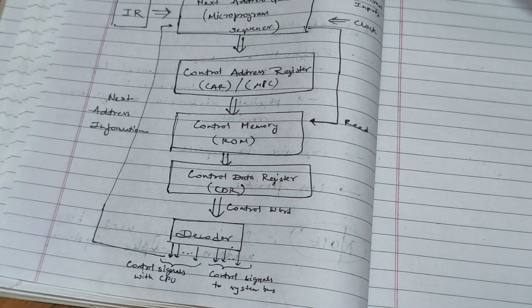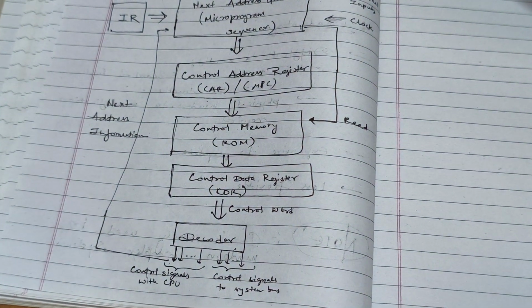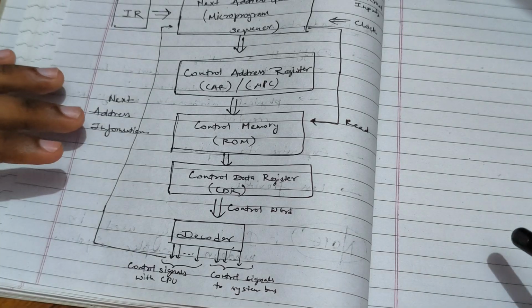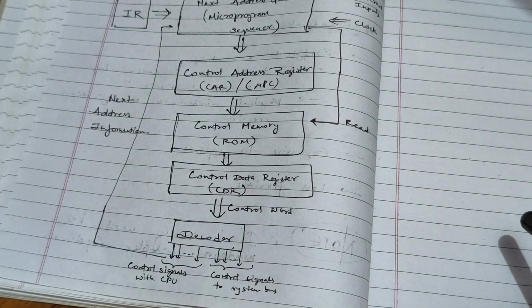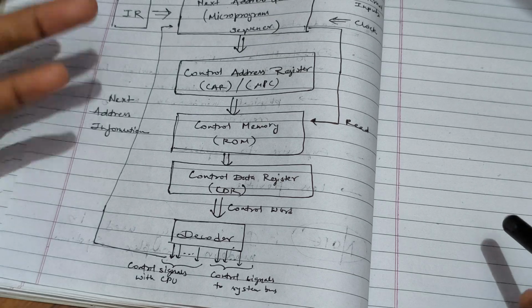The control memory is the important part which stores our microprograms, and it stores the control words in binary form, in zeros and ones. After that, we have the control data register, CDR, which holds the current microinstruction.